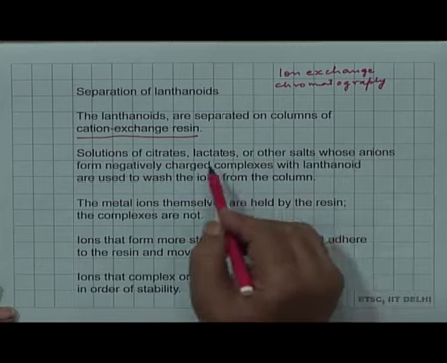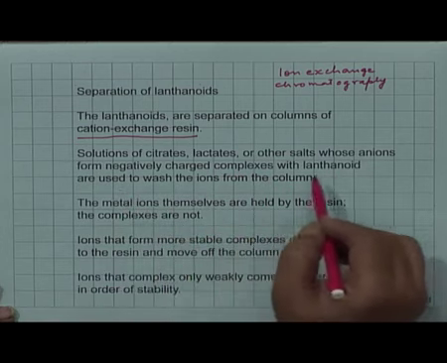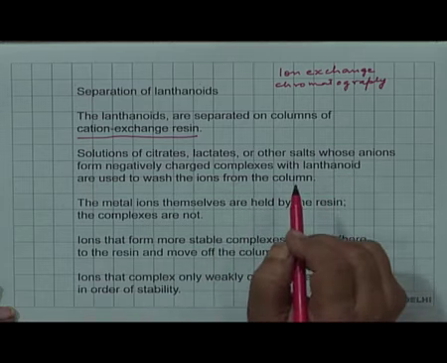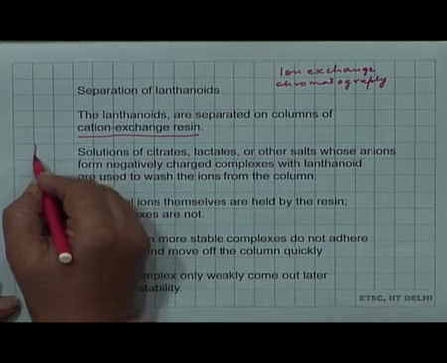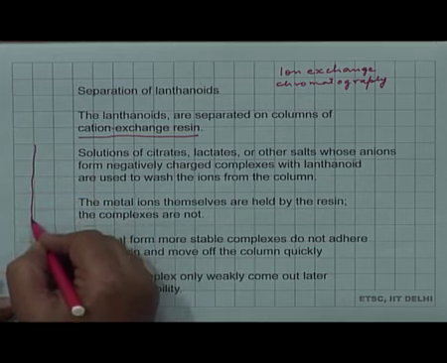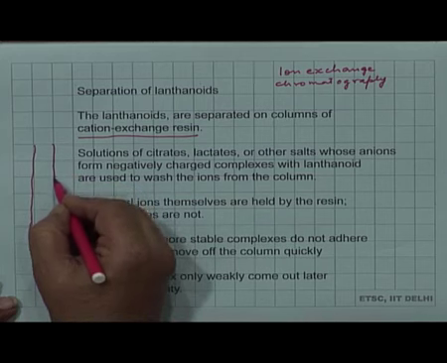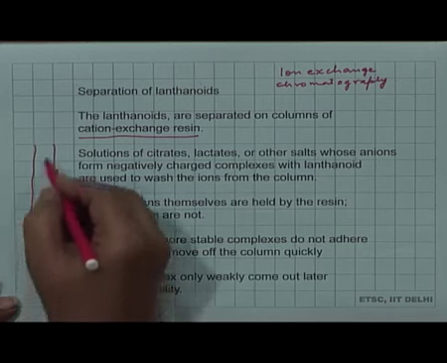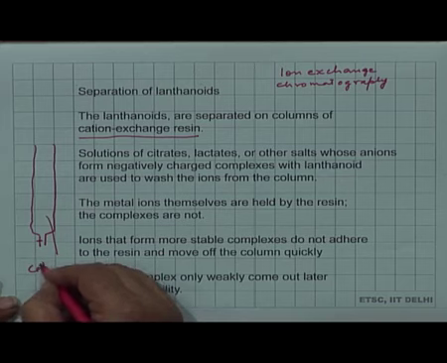Now, a solution of citrate, lactate or other salts whose anions form negatively charged complexes with the lanthanoids is used to wash the ions from the column. Basically, in the column, this is having cation exchanger resin.